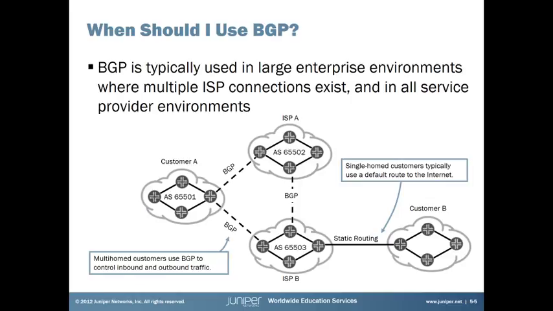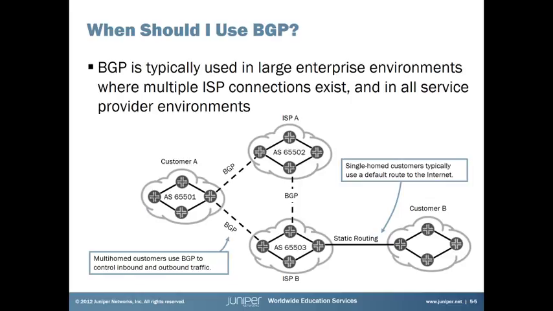So let me ask this question. Because you've got multiple connections to different ISPs, does that mean that I therefore now have to use BGP to manage those multiple connections? Can I have multiple connections without using BGP?